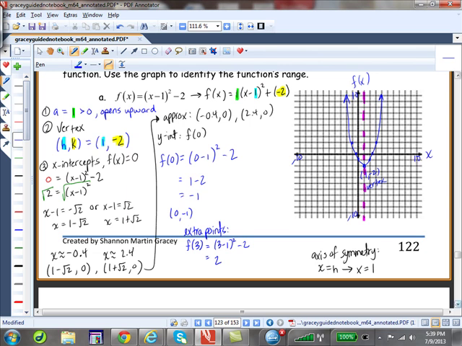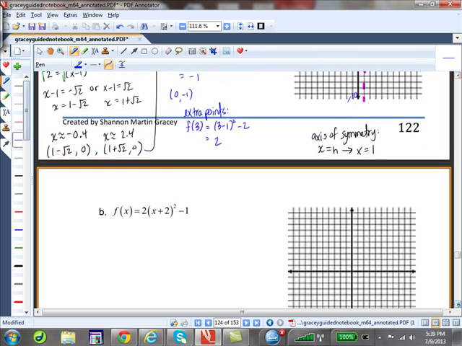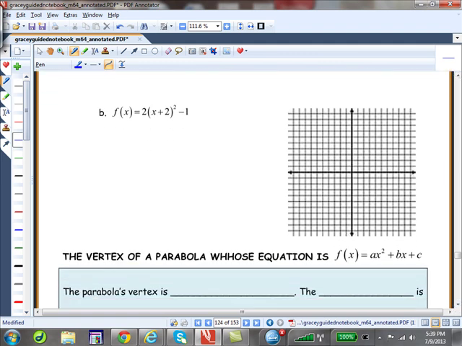All right. Okay, so if you feel very confident, then you can go ahead and do this next one, or you can just do it along with me. It's up to you. So here we go. Let's see what we've got. We might want to rewrite this one.